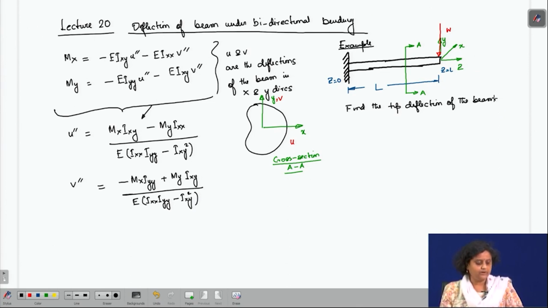So, how are we going to solve the problem? The first step is that let me call these equation 1 and equation 2.